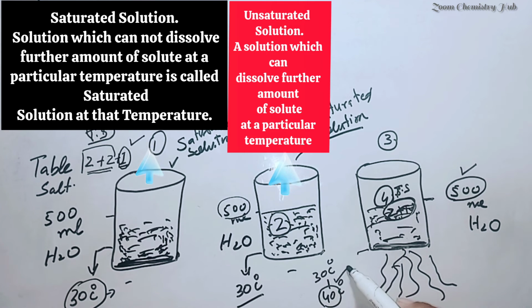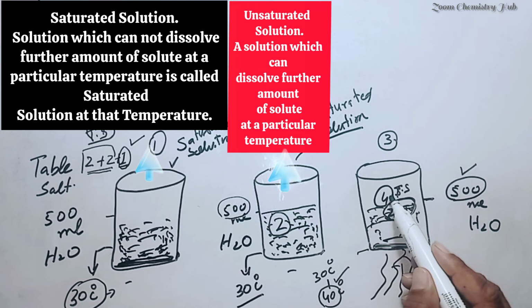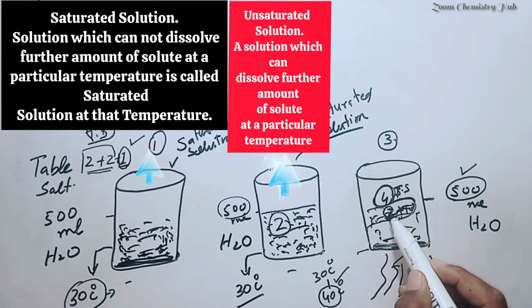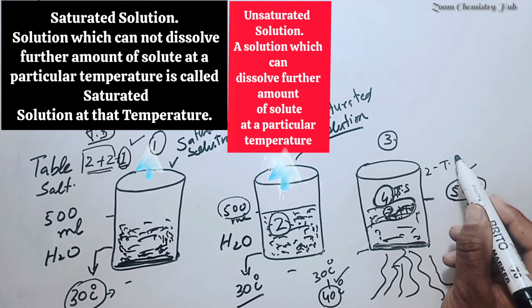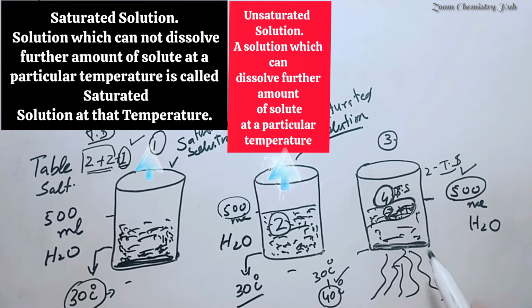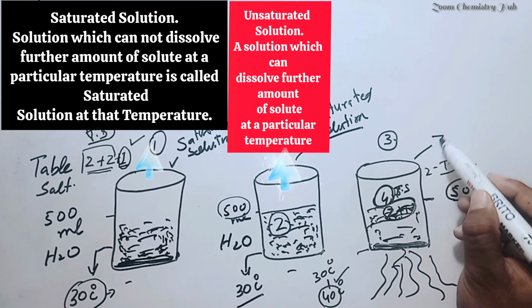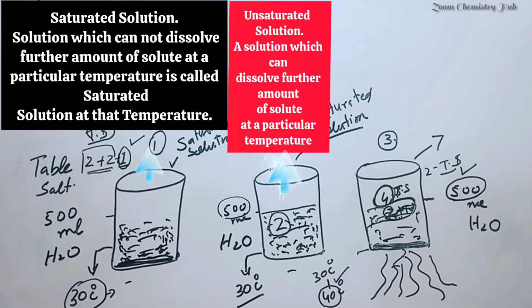By increasing the temperature, this solution has the ability to dissolve further amount of solute which we added after 4 teaspoons. So these 2 teaspoons which we added can dissolve when we heat it and increase the temperature of the solution. So at this stage, this solution is called supersaturated solution.